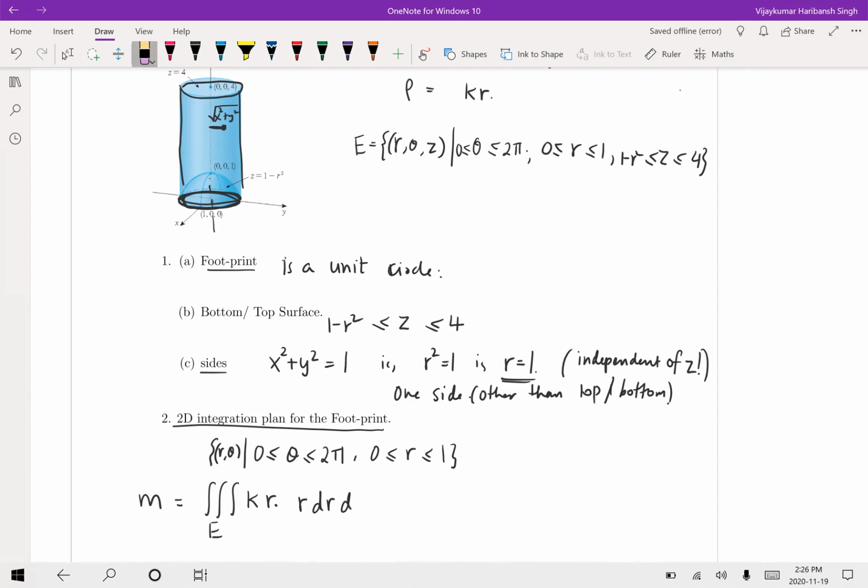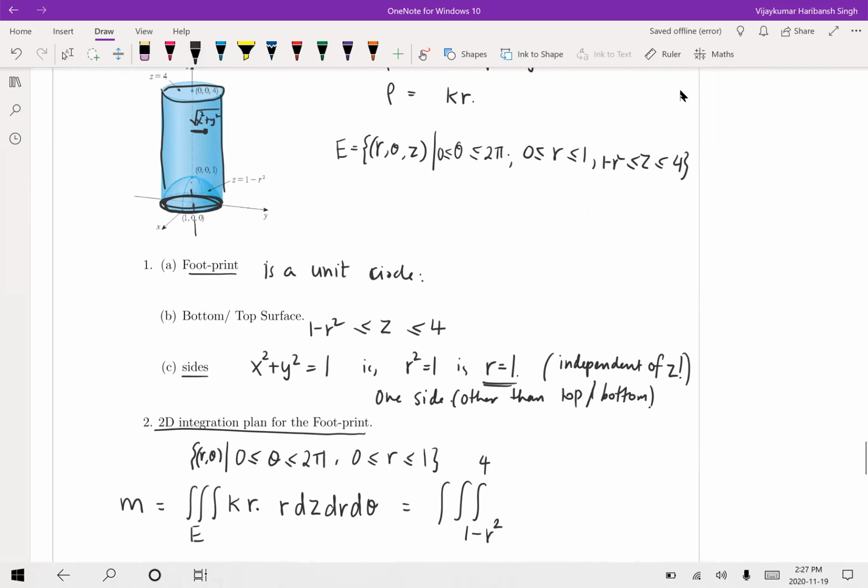So we need z first. z goes from 1 minus r squared in the bottom to 4, and the density function is kr.